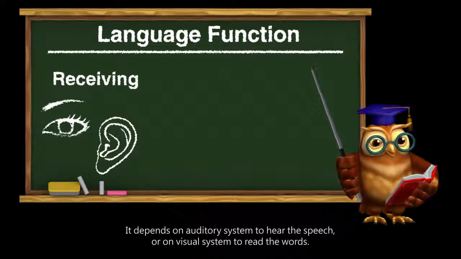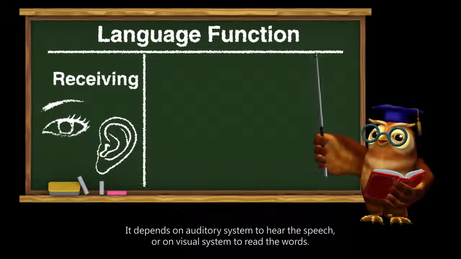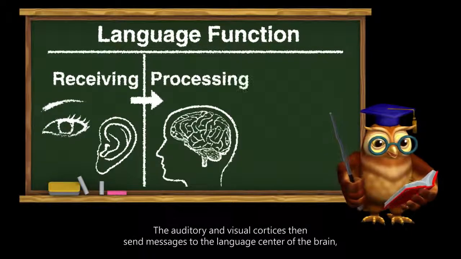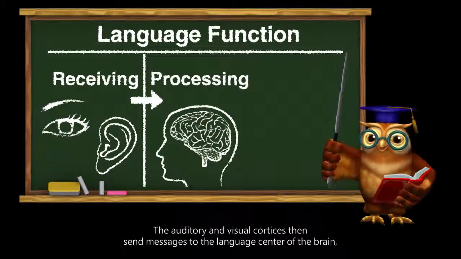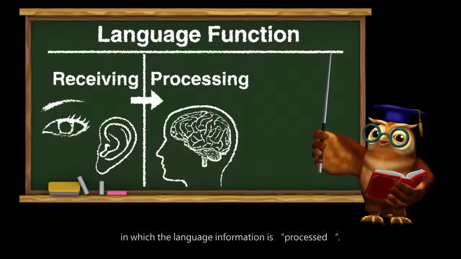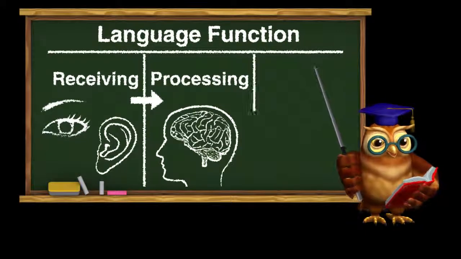It depends on the auditory system to hear the speech or on the visual system to read the words. The auditory and visual cortices then send messages to the language center of the brain, in which the language information is processed.